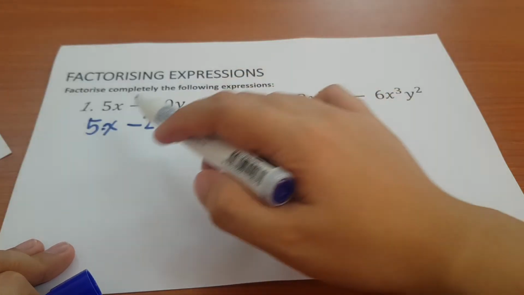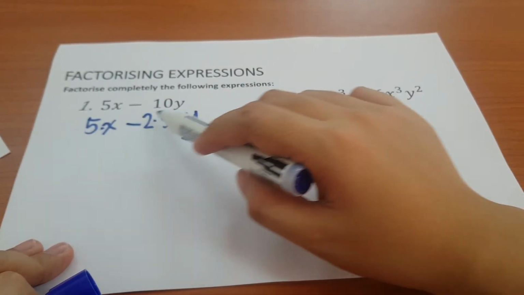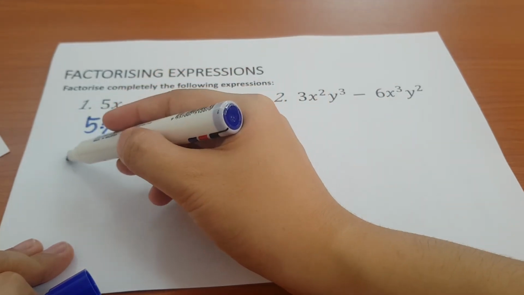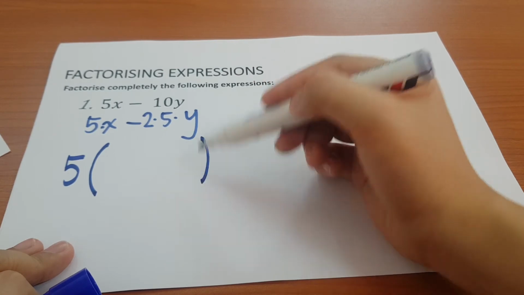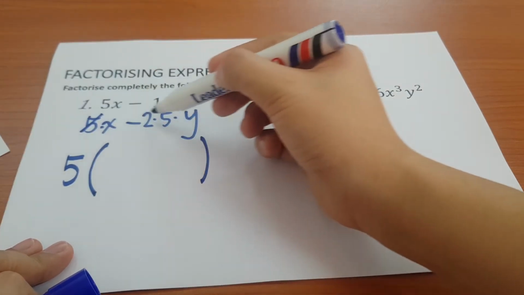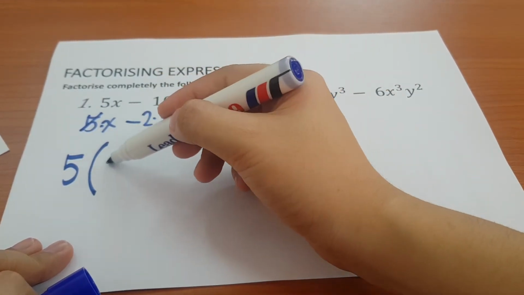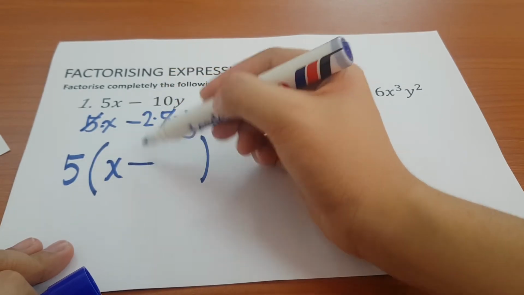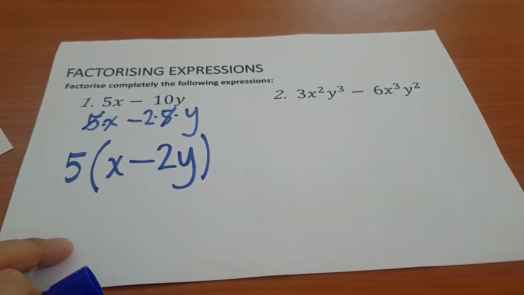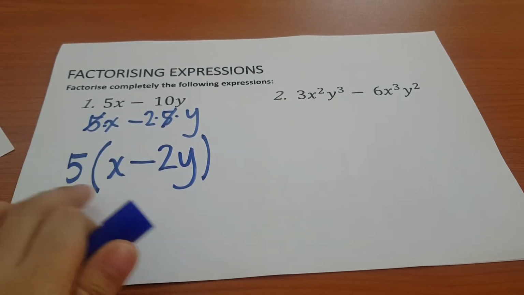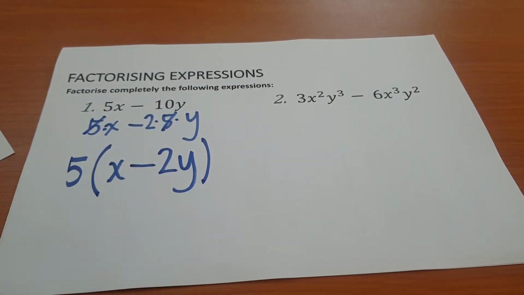You observe that 5 is common between the two. So you take the common, and what will be the remaining? You take 5 out, and the remaining is x minus 2y. So that's it. This is how you factor this expression.